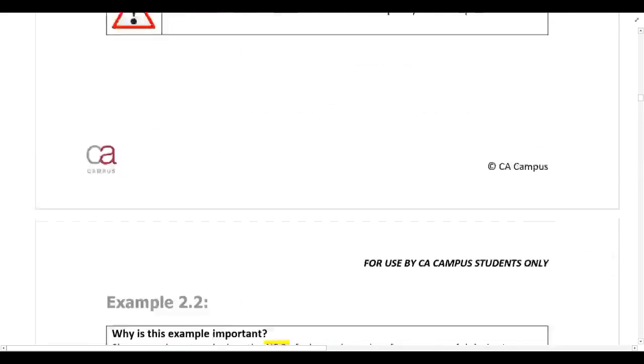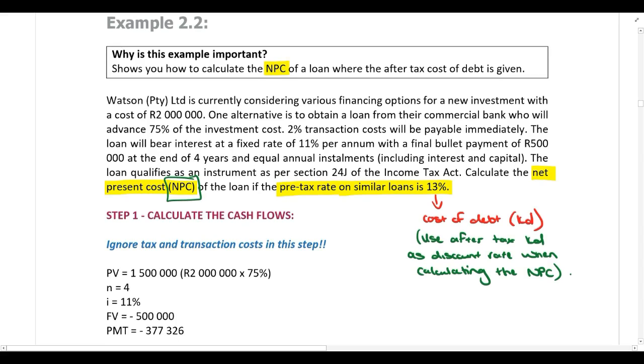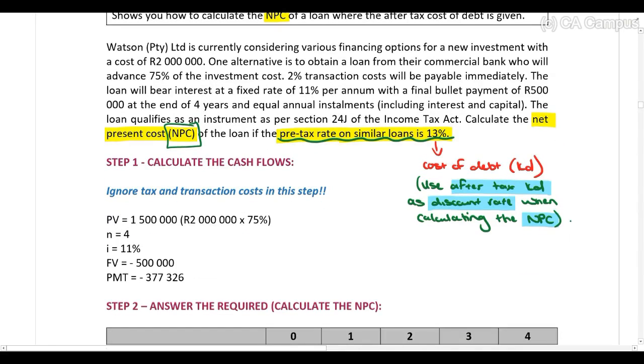In the next example, because they want you to calculate the net present cost, they need to give you the cost of debt. You can't calculate the net present cost if you don't have the cost of debt, because you are going to use the after-tax cost of debt as your discount rate when calculating the net present cost. All right. Now you'll see most of this example is exactly the same as the last example. In step 1, we calculate our cash flows.